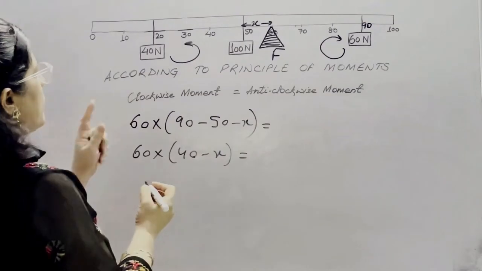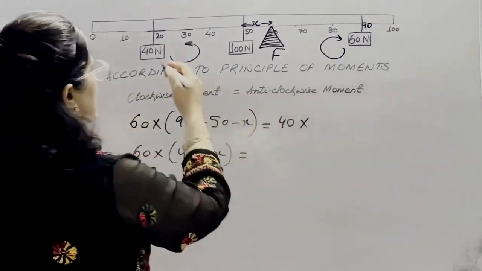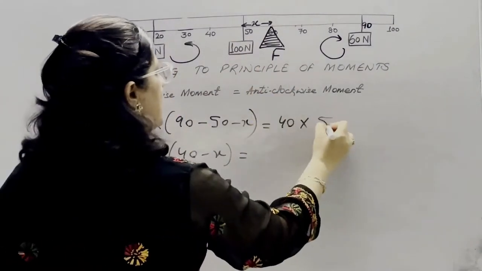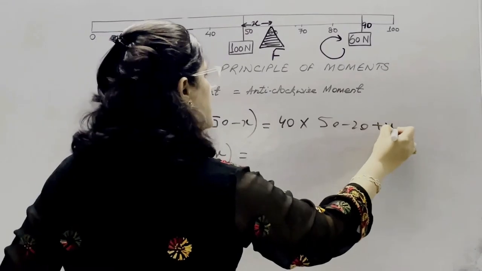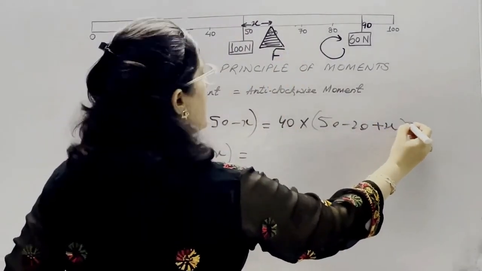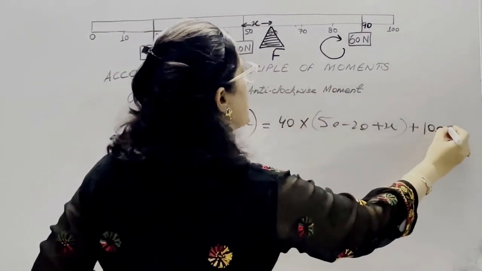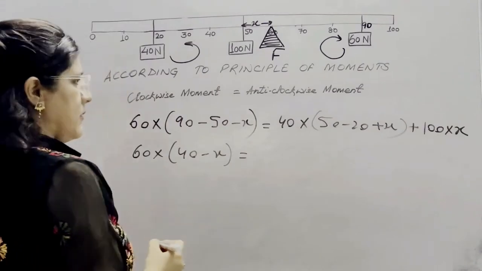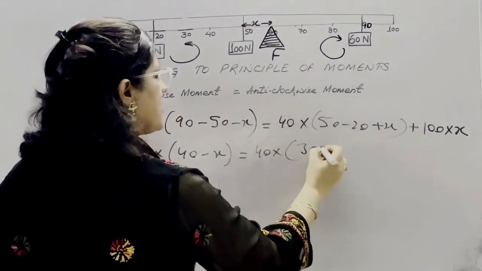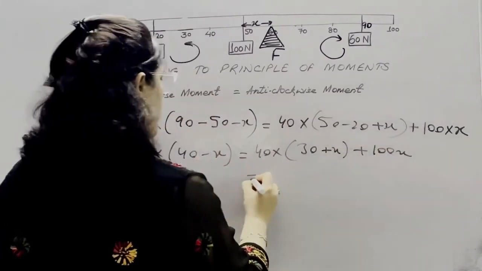And anti-clockwise moment: this weight is 40 into what is the distance? 50 minus 20, but here it is 50 minus 20 plus x, because the fulcrum is on the right hand side. And another weight of 100 Newton, which is of the meter rule, is at x centimeter. So 40 into 30 plus x, plus 100x.